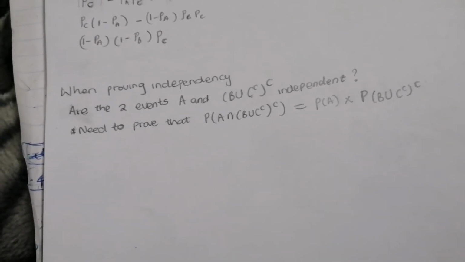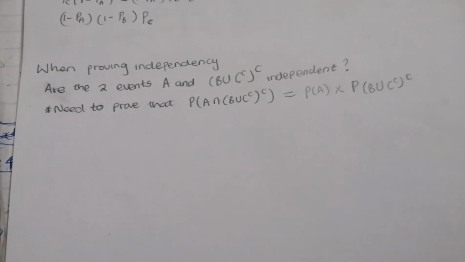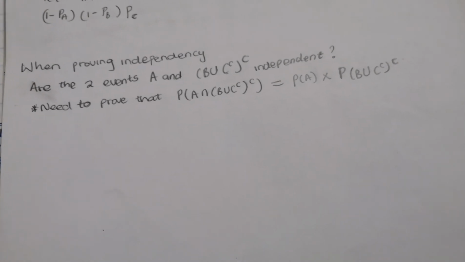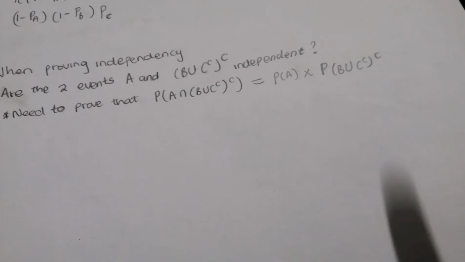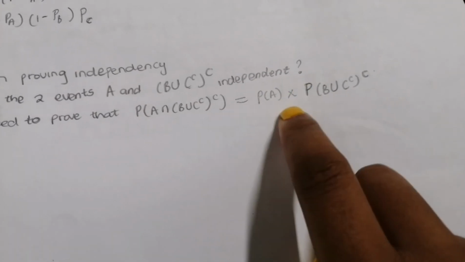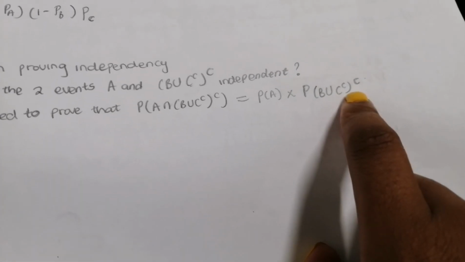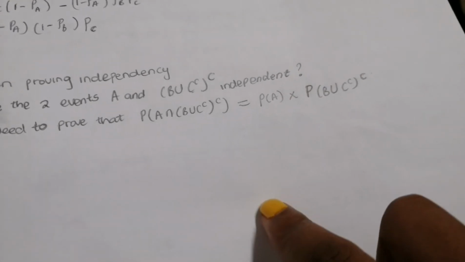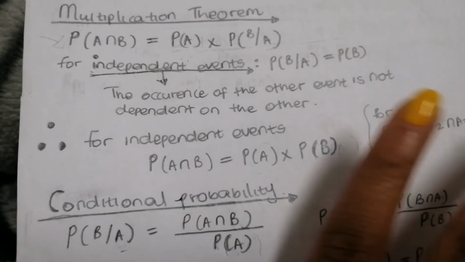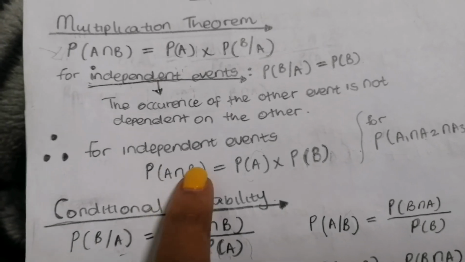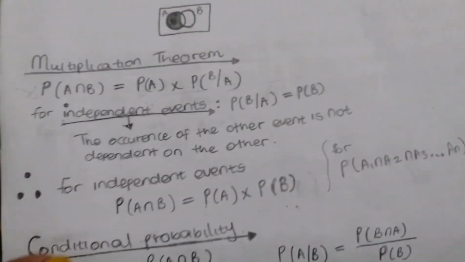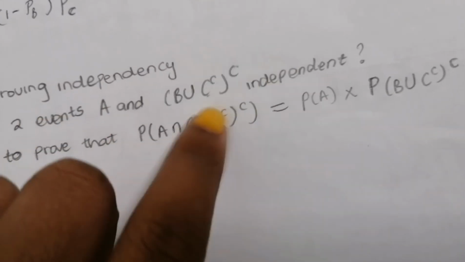So for you to know whether they are independent or not, you need to prove that this part equals the probability of A times the probability of that. Because remember, for independent events, the probability of A intersect B equals the probability of A times the probability of B. So you will solve this.